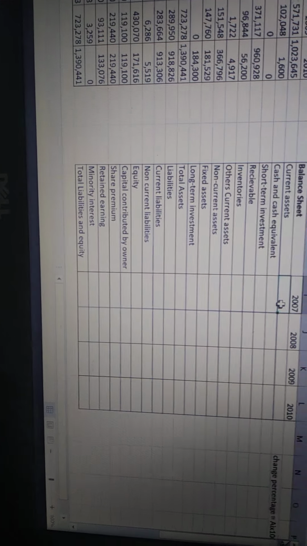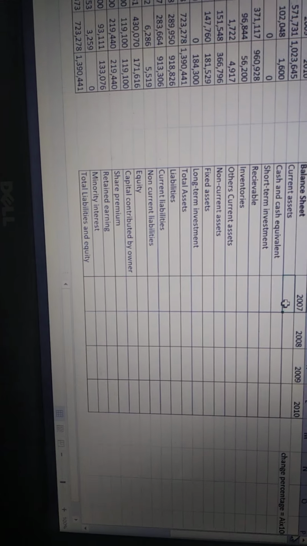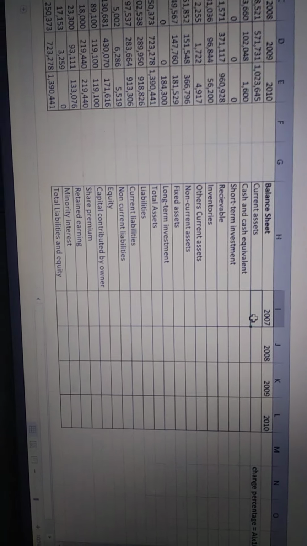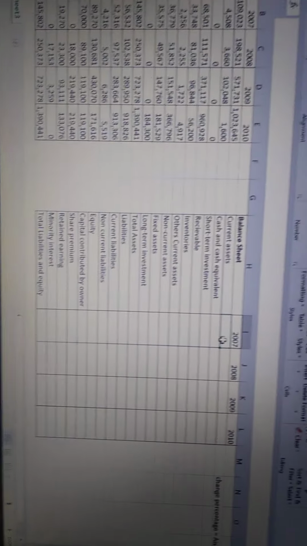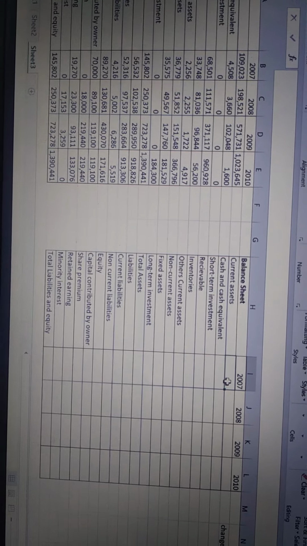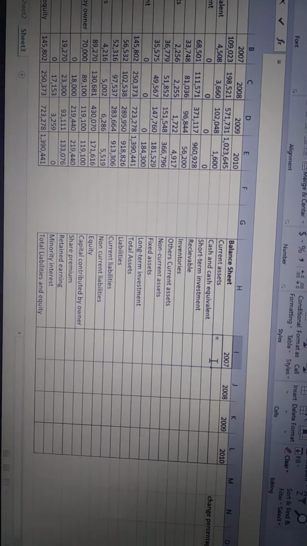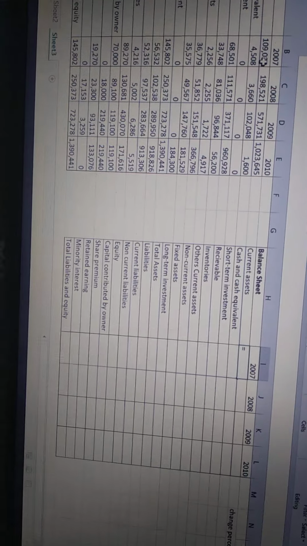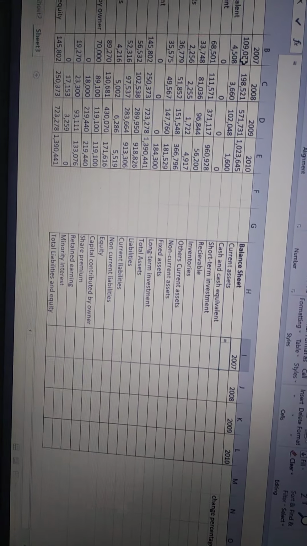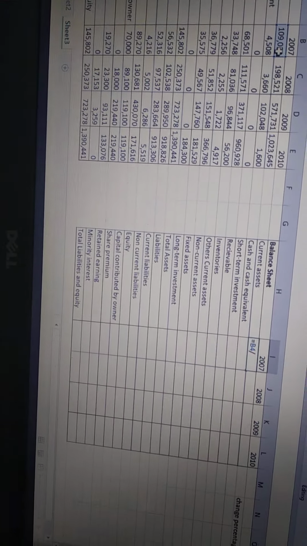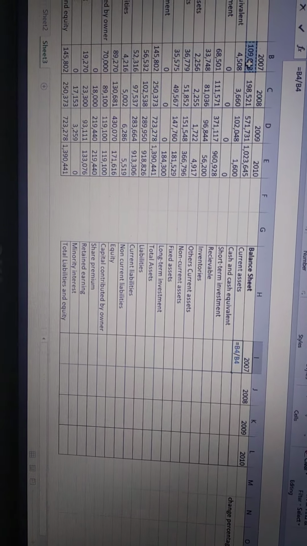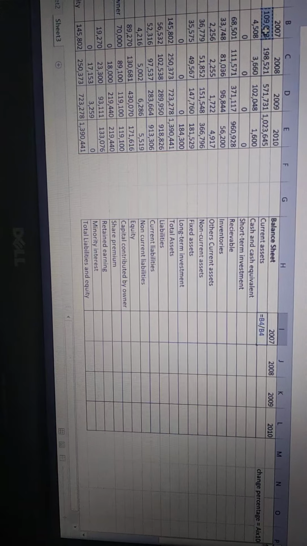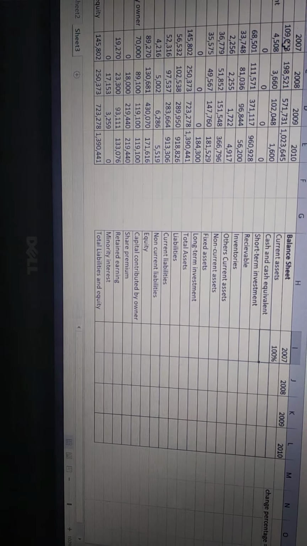we will calculate the change percentage of 2007. Because 2007 is the base year, the change percentage will be 100%, right? So it will be equal to the value of current assets in 2007 divided by the value of the base year, which is the current assets in 2007, and we have converted to percent already.